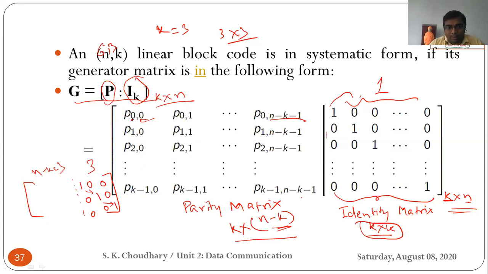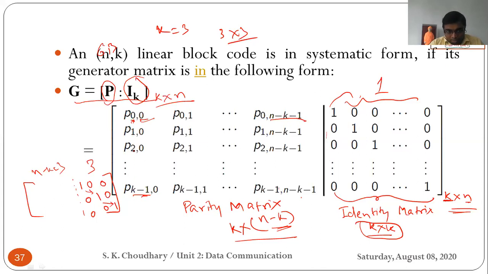The first index represents the message, 0 to k. That's why the order is k × n. So before the comma, it represents the rows: 0, 1, 2 up to k minus 1, because we are starting from 0.